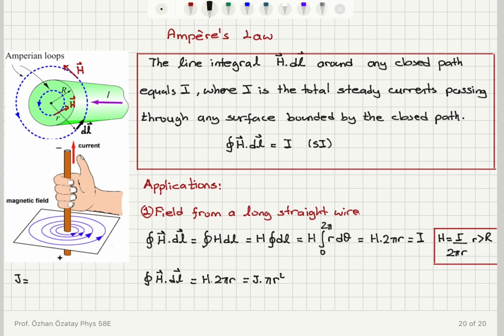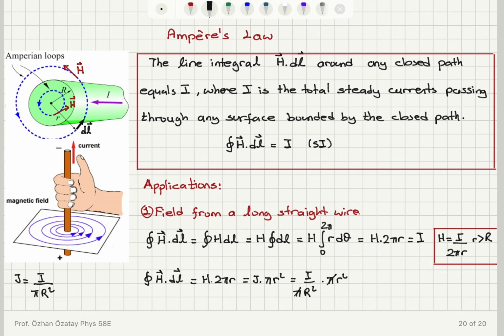The current density J is I divided by pi capital R squared. So it's a steady current, and therefore I can write I divided by pi capital R squared times pi r squared.